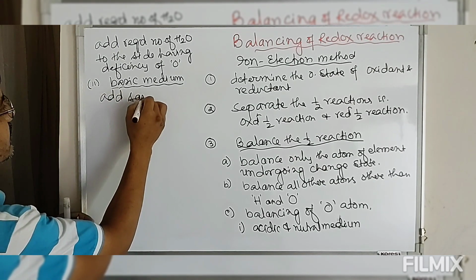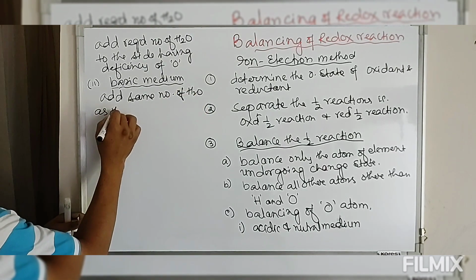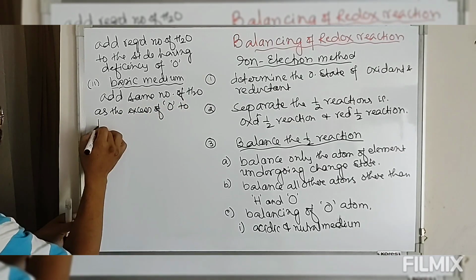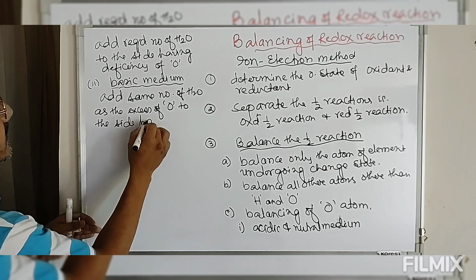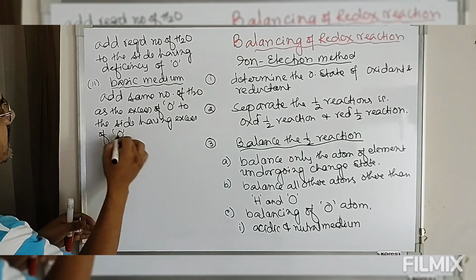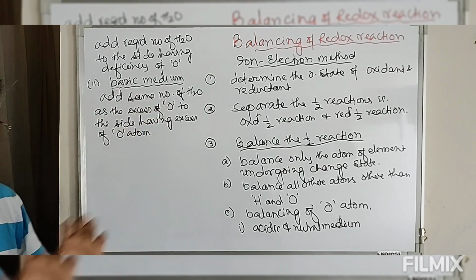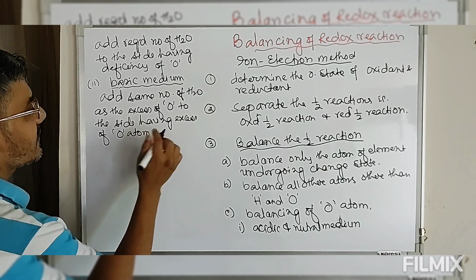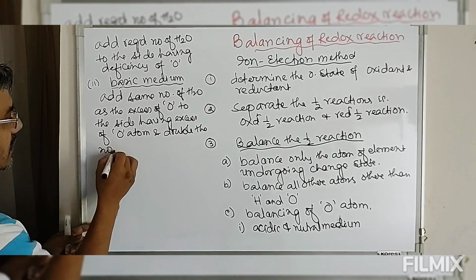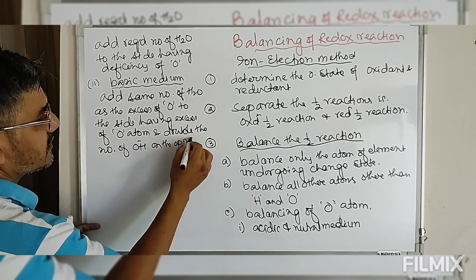Add the same number of H2O as the excess of O atoms to the side having excess of oxygen atoms, and add double the number of OH minus on the opposite side.